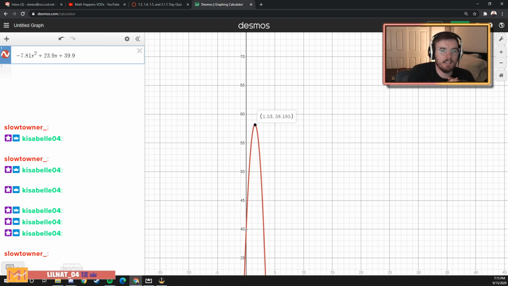So when it says what speed maximizes torque, I'm kind of saying the same thing, but I'm just trying to answer the question with a little bit more context. It's not asking for what is the max torque, it's saying what speed causes said max torque. 1.53 causes that max torque.